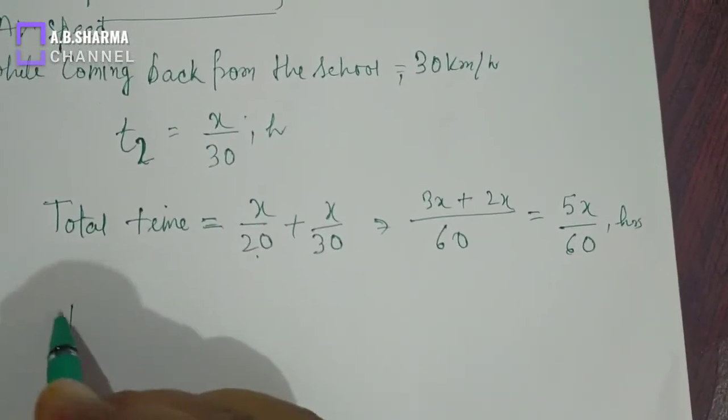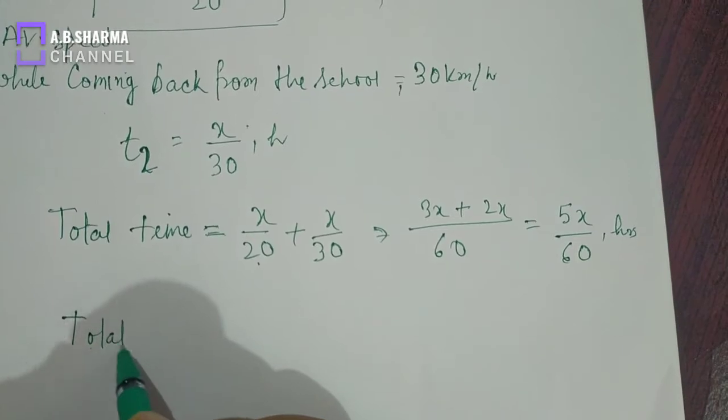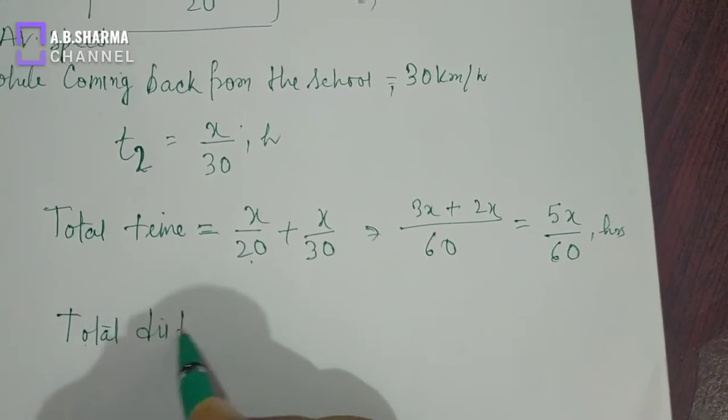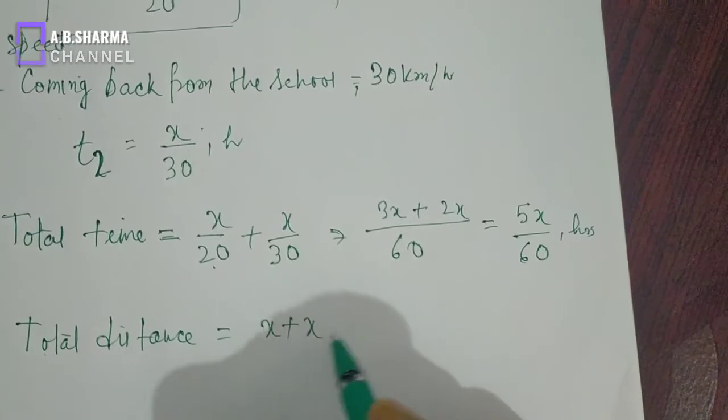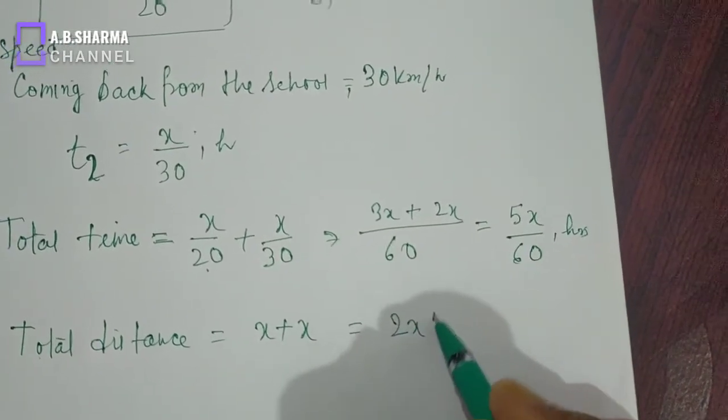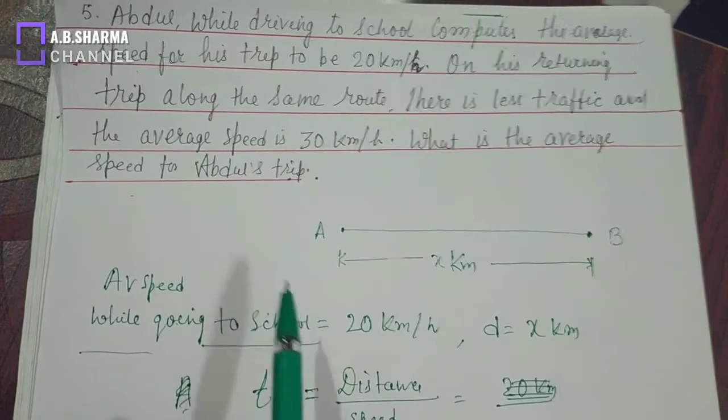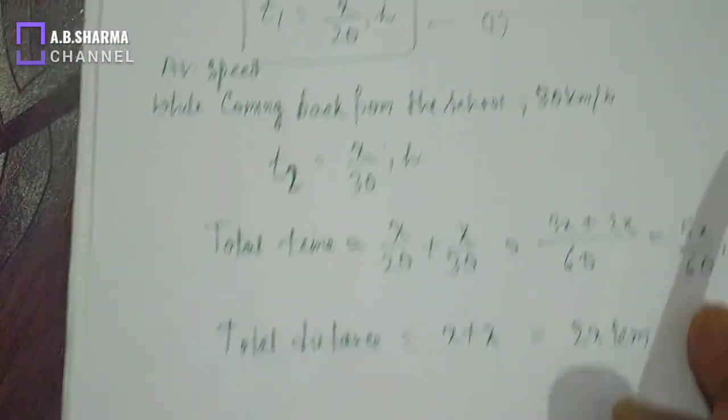Total distance he covered during this journey is x plus x, or 2x kilometer, and we have to calculate the average velocity for Abdul's trip.